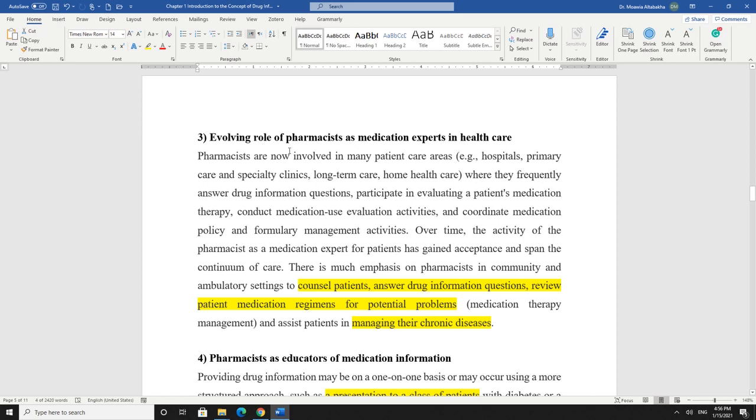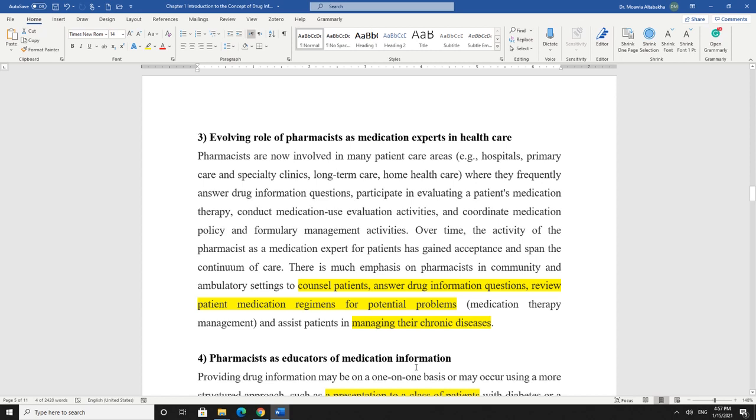Of course, the pharmacist role has evolved as experts in healthcare. Now they are counseling patients, they are answering drug information questions, they are reviewing patient medication regimens if there are any potential problems such as contraindications, adverse effects, drug-drug interactions, and they assist patients in managing their chronic diseases such as diabetes.